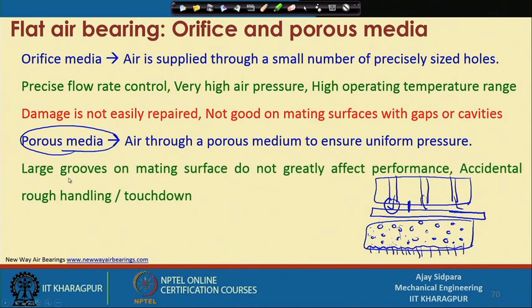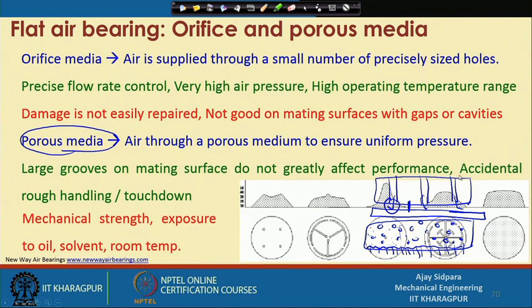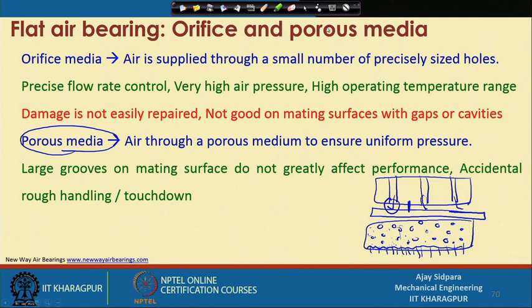What are the advantages? The large grooves on the mating surface do not greatly affect the performance, because now we know that there are different types of contacts. Now, if this thing is bending, suppose you are putting a workpiece here, then the load is uneven. So this particular part will touch the surface.